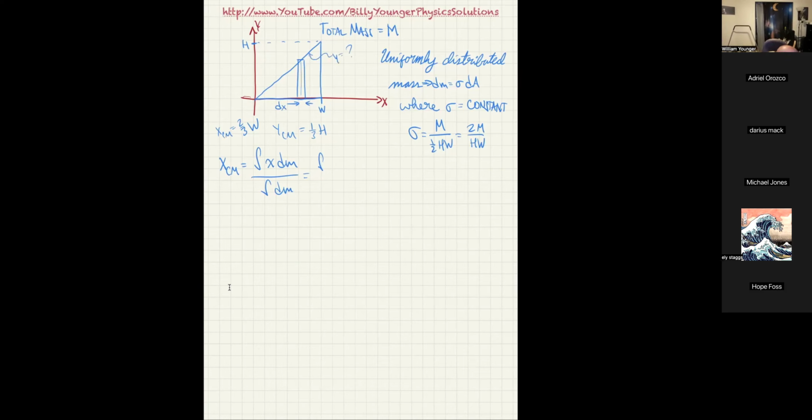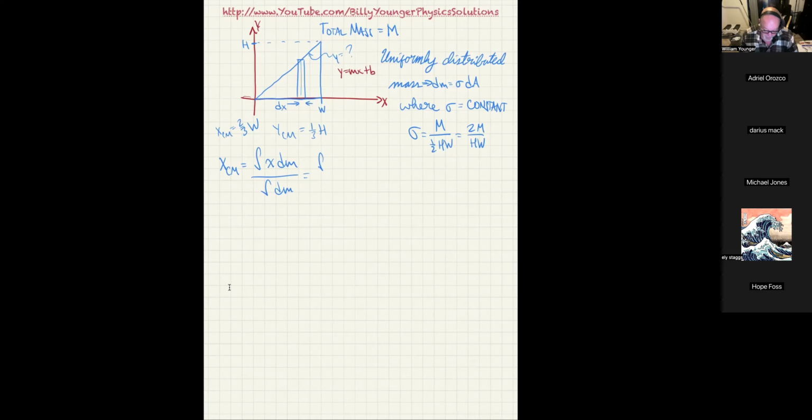Now you can probably remember y equals mx plus b. Let me write this in red. Y equals mx plus b, where m is the slope, which is rise over run. Clearly, the slope of this line is h over w, and the intercept is where along the y-axis the line hits the y-axis.